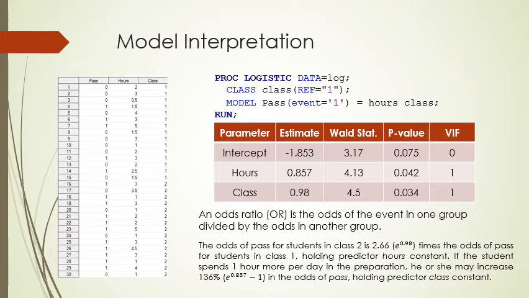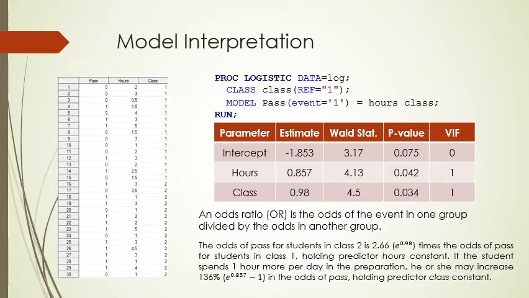This is an example of the logistic model. We have 30 students in 2 classes. Each class has 15 students. The outcome is a binary variable pass, which is 0 if the student failed the exam, and 1 if the student passes the exam.